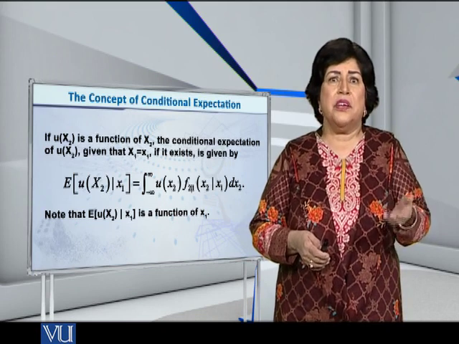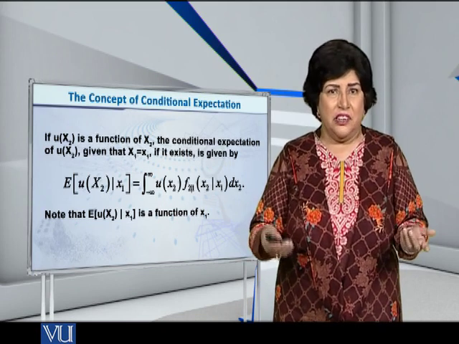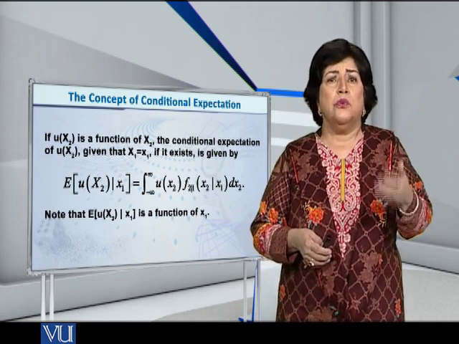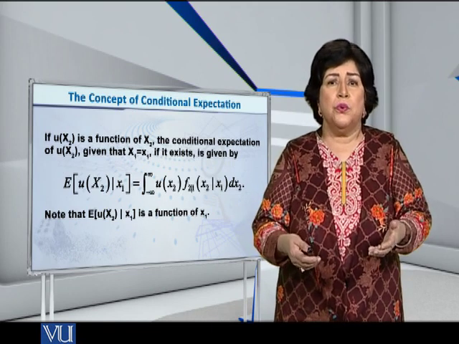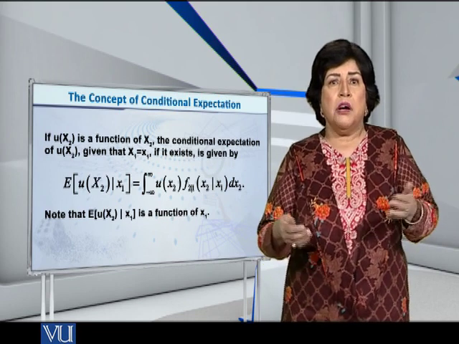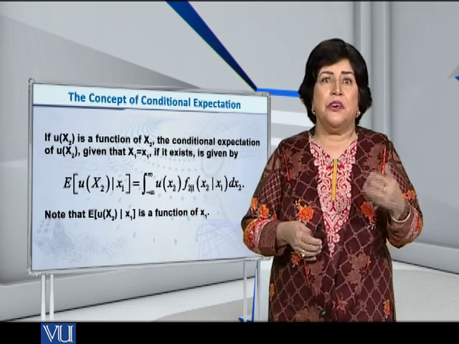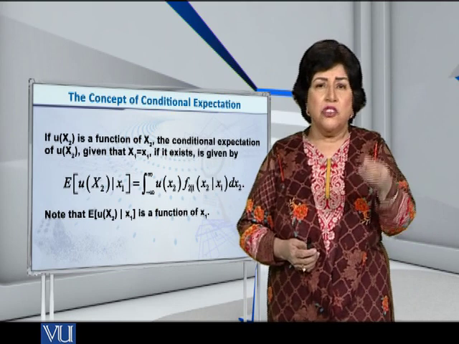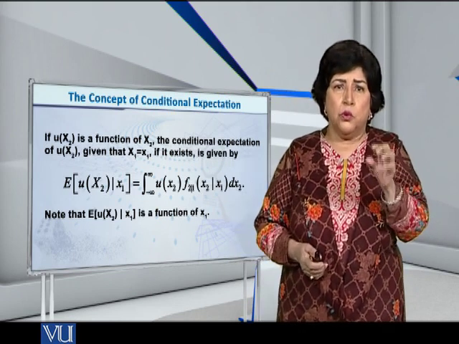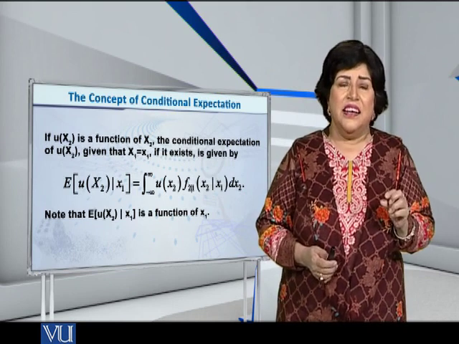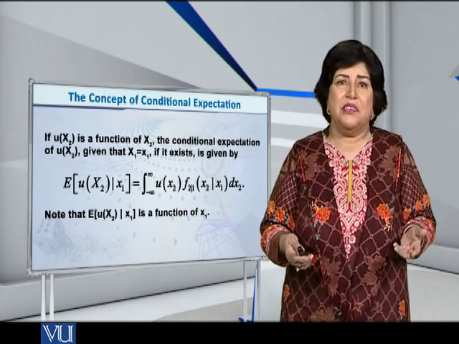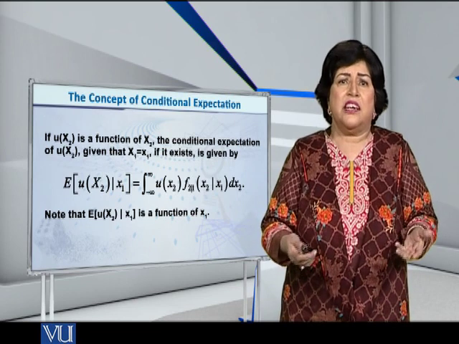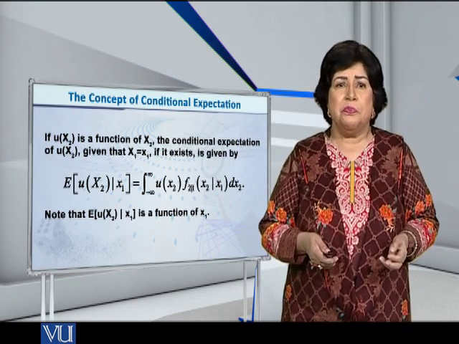अब ये जो कुछ मैंने कहा और आपके सामने भी है, इसमें कोई इतनी परेशानी की बात नहीं है. It is as simple as this कि अगर unconditional expectation निकाल रहे होते तो आप लिखते minus infinity to infinity u(x2) into f of x2 dx2. अब आपने f of x2 की जगह you are writing f of x2 given x1. यानी conditional expectation अगर आपको चाहिए तो वो जो density function वहां पे insert करना है, that is the conditional density function. बाकी जो expression है, जिस चीज का expected value निकालना चाह रहे हैं वो आप वैसे ही लिख देंगे उसके अंदर.